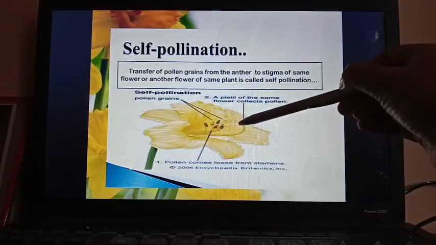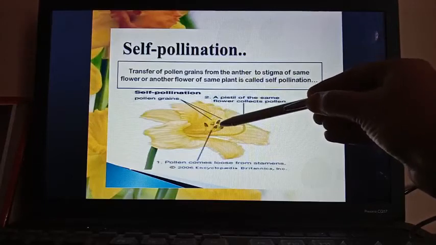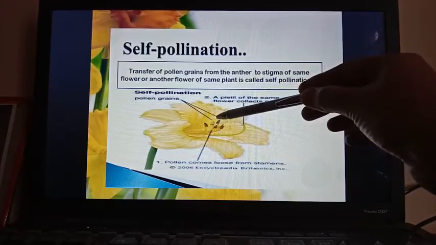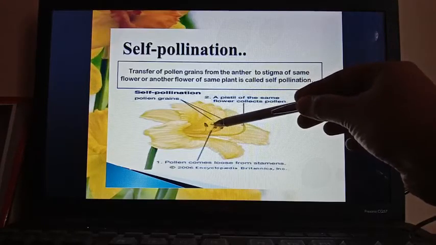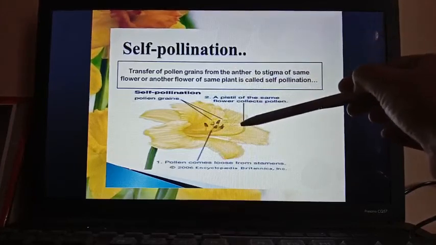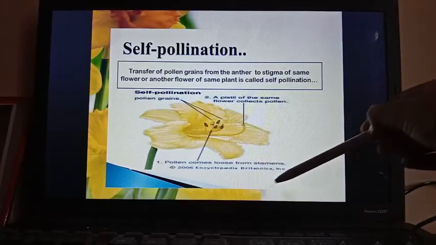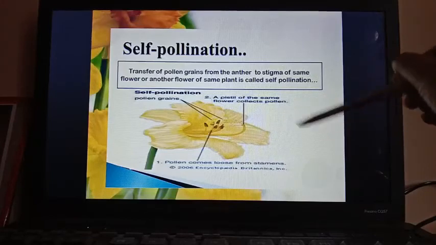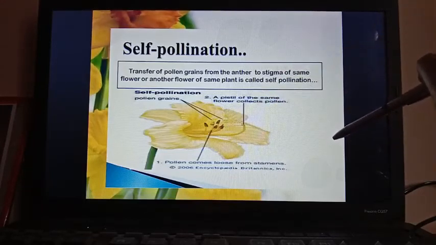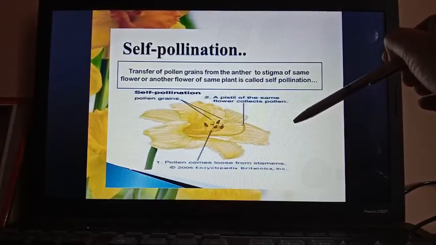It is a bisexual flower. So what happens if the anther of this flower transfers pollen to the stigma of the same flower? It is self-pollination. Also, if in a single plant, from one flower to another flower, pollen is transferred, this is also self-pollination.